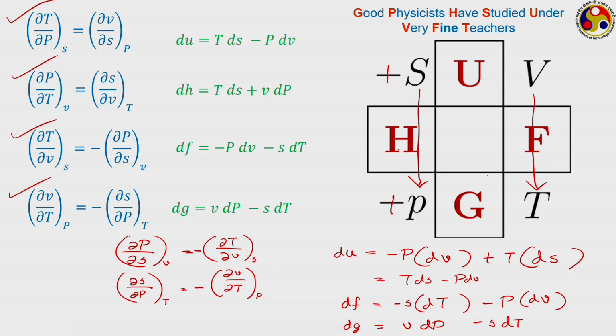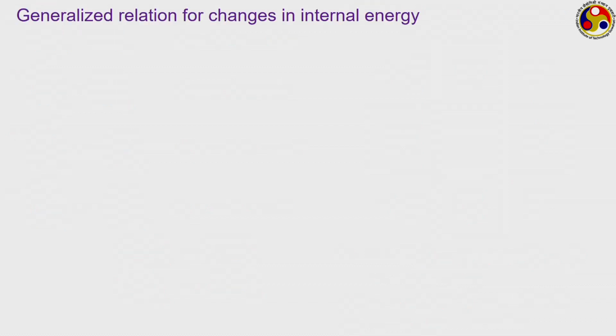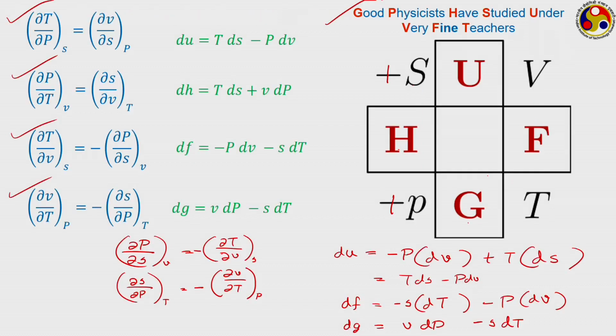So, if you make judicious use of this square, you can easily recover each of the 4 Gibbs equations and the 4 Maxwell's equations, and can subsequently make use of that. Try to remember this. I have provided you enough options of remembering this, like this is one of the mnemonics that we generally follow. The only thing that you have to remember, or only two things, one is this mnemonic and then moving in the clockwise direction.